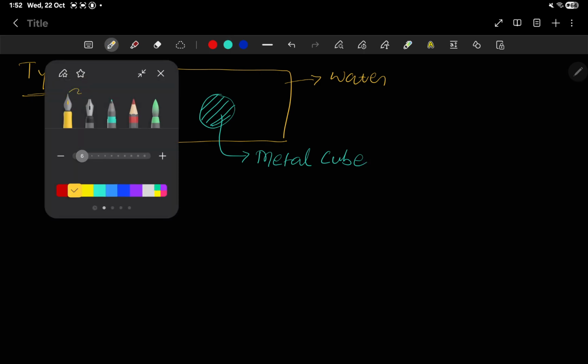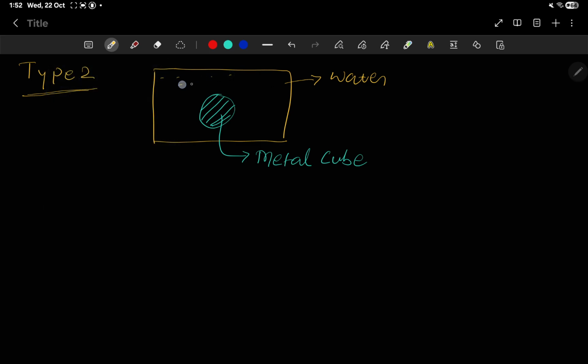This is submerged in water. Now let's take the metal cube having mass m1, heat capacity C1, and it is at temperature T1.